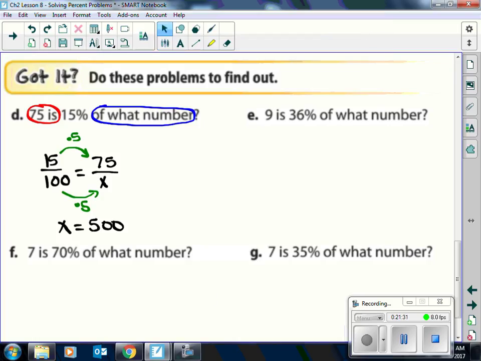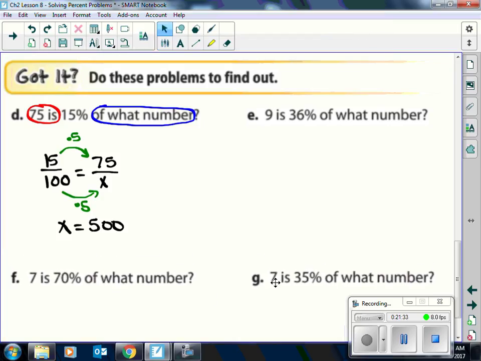So let's do letter E using cross multiplication. Okay? So we want to set up our proportion. Percent over 100 equals the part over the whole. And remember, the part is the is number, and the whole is the of number. So the first thing we're going to get is our percent.